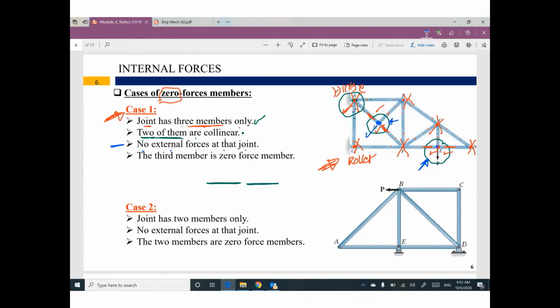Yes, we have P. Vertical force, P, at this location. Okay, I'm sorry. Forget it. So finally, the only joint that satisfies this one and this one and this one is this joint. That means this third member is zero. Believe me, this member has zero internal force.